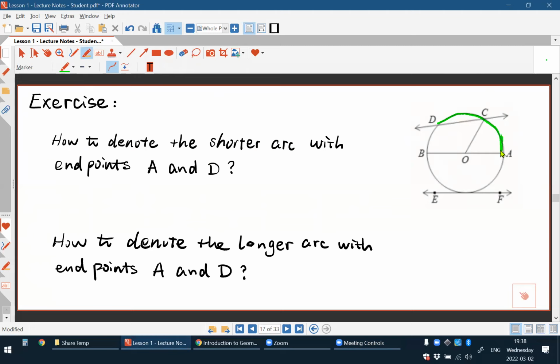This is the shorter arc between A and D, right? How do we denote it? And the second question is, how do we denote the longer arc with points A and D? The longer arc means this one, right? Okay, I'll give you 30 seconds to think about this question.